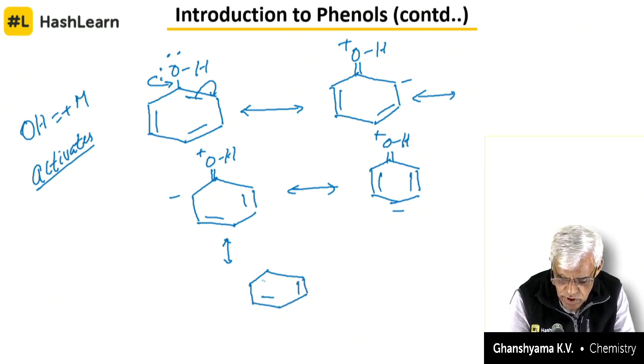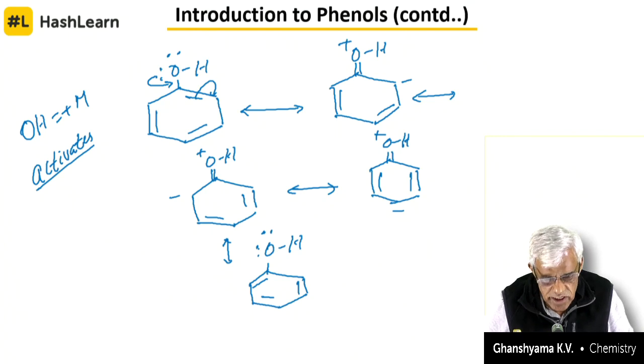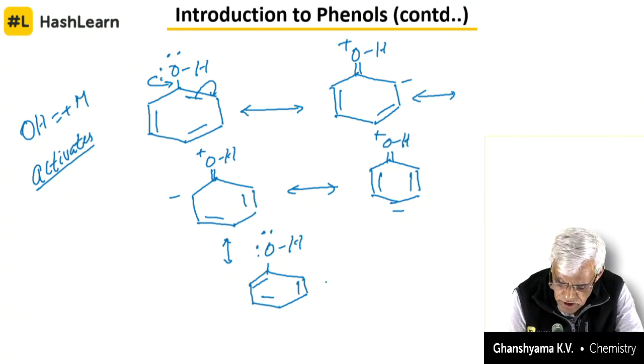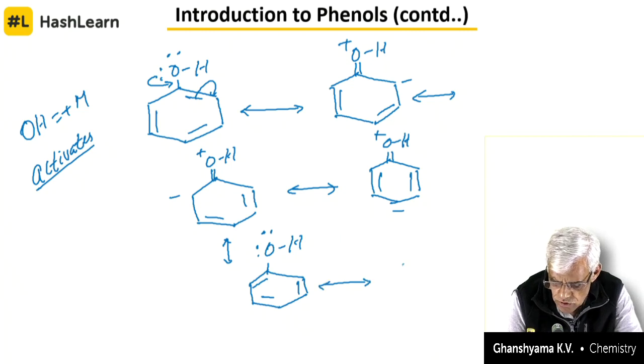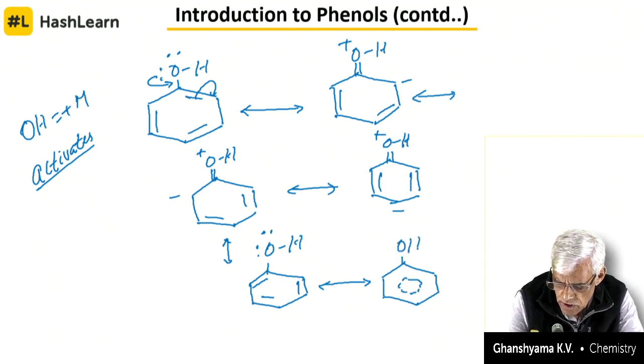Ortho para directing group. So, this gives rise to, back to this, delocalization of pi electrons. This gives rise to another Kekule structure, OH. Yes, anybody? See, all these will give rise to the resonance hybrid. Delocalization of pi electron will give rise to resonance hybrid.